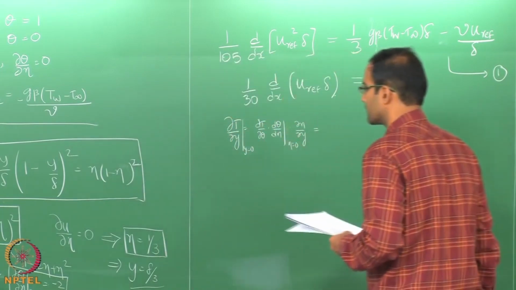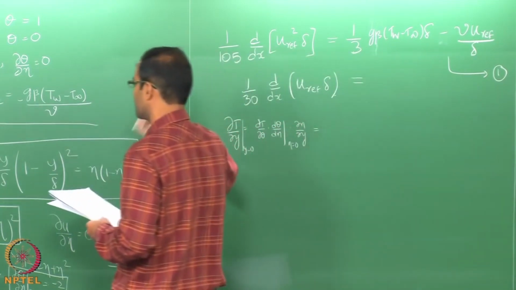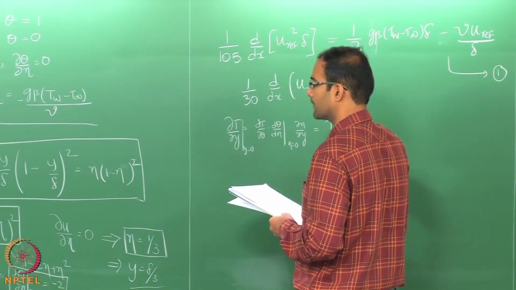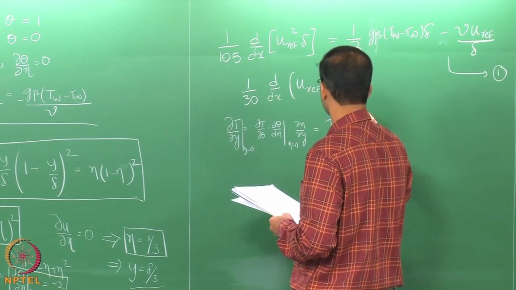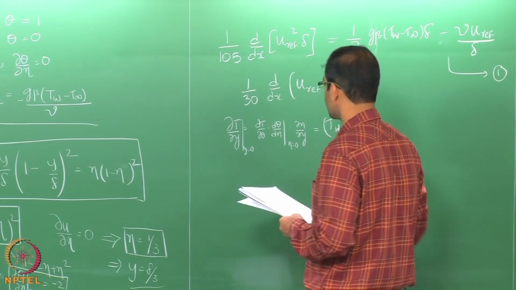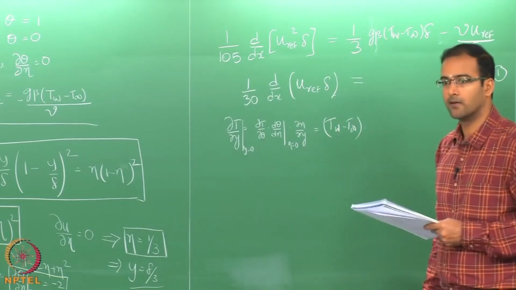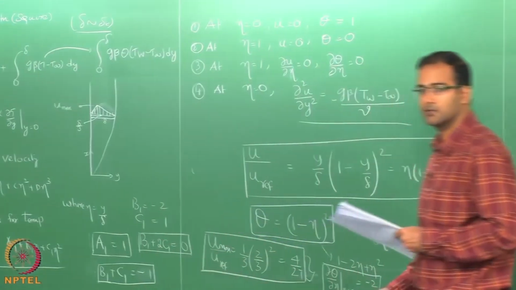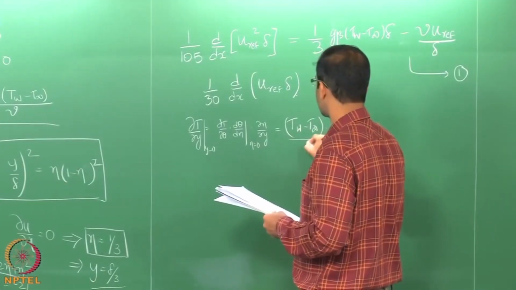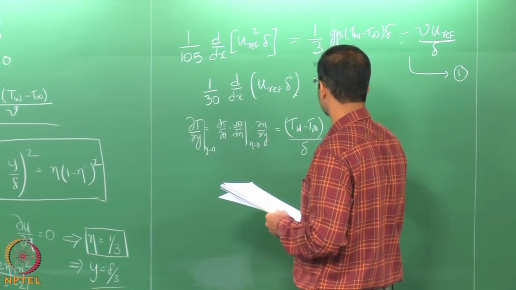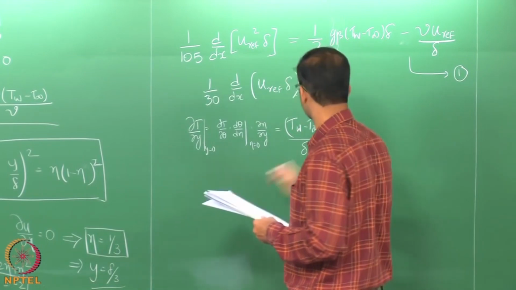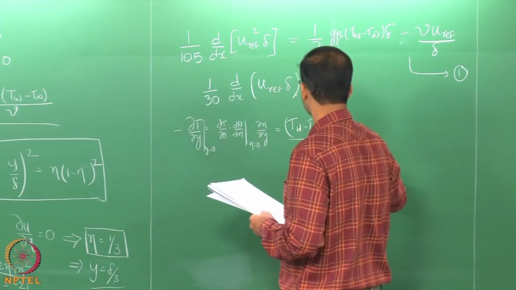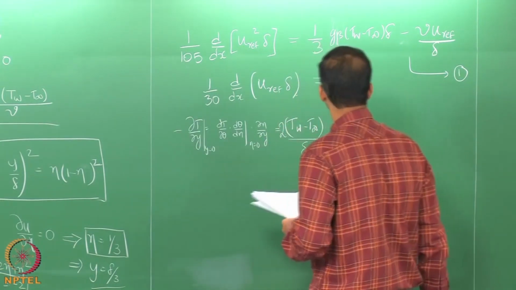From your definition of theta, your dt by d theta is nothing but t wall minus t infinity. And what is d eta by dy? Eta equal to y by delta, so d eta by dy should be 1 by delta. Into d theta by d eta, which is minus 2. So minus of this will become just 2 times.